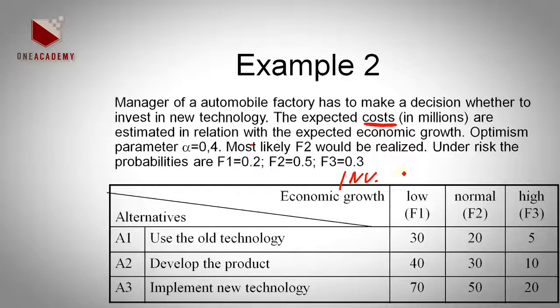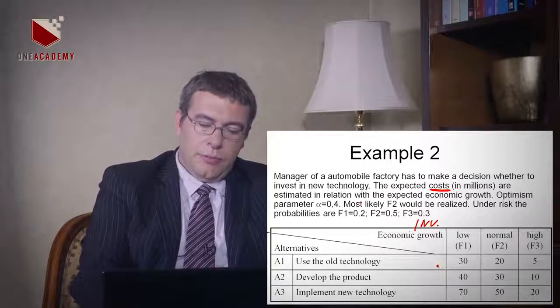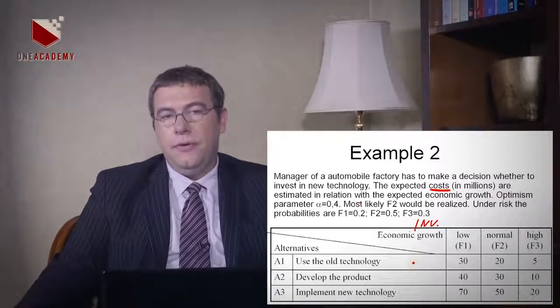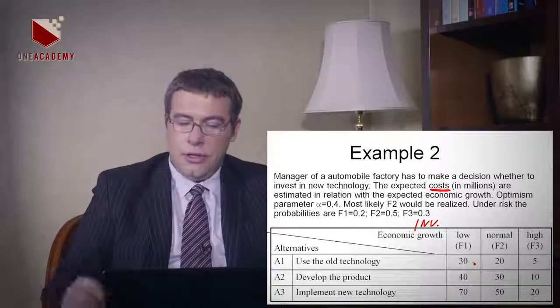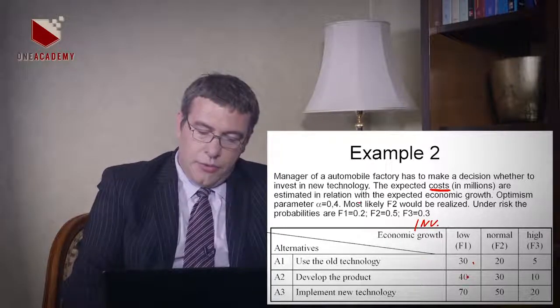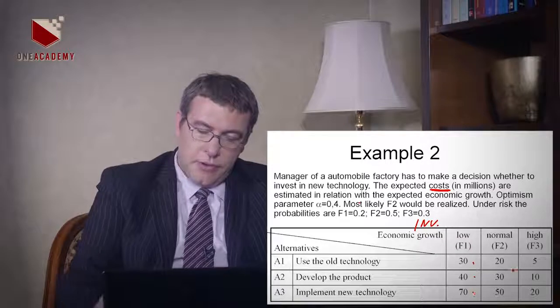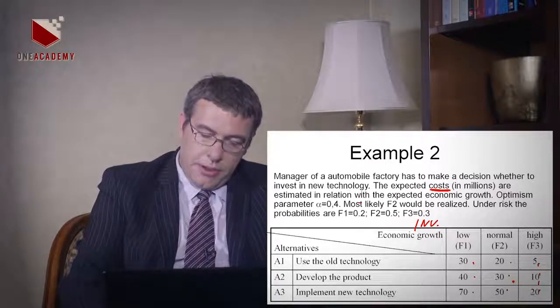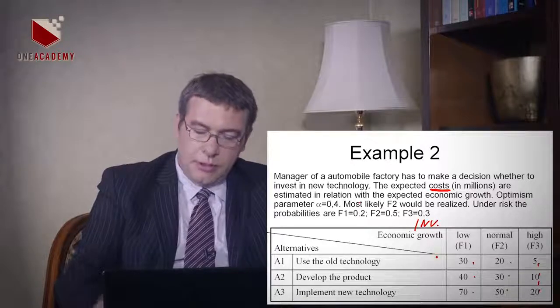Second, we have one specific situation where one alternative is better than the others on every state of nature. Alternative 1 is better than alternative 2: we have less cost here, here, and here.